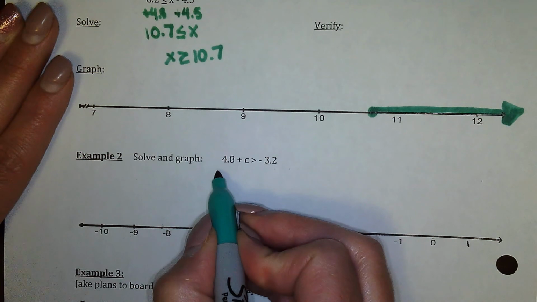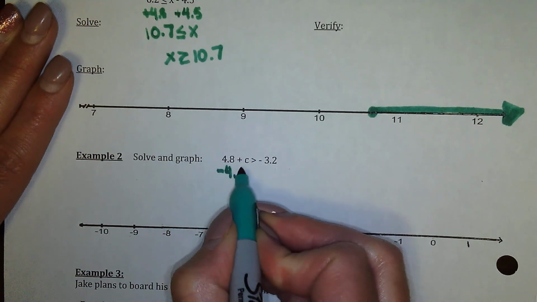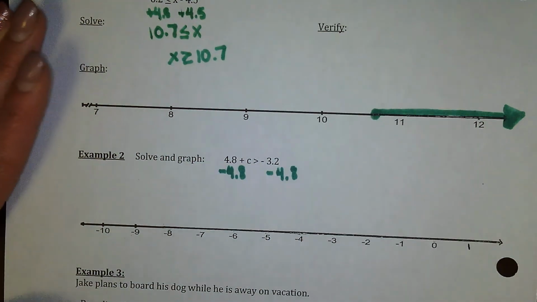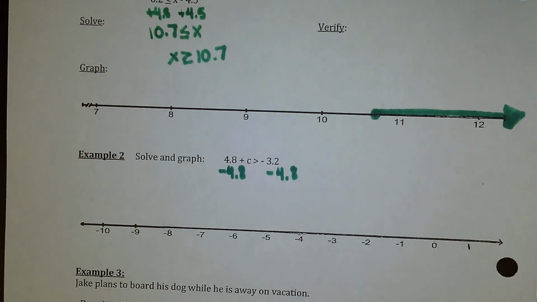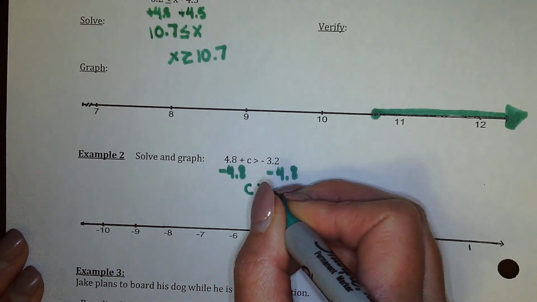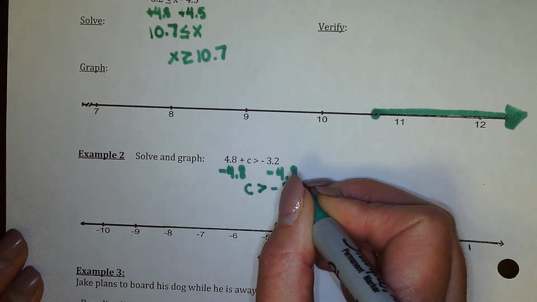But in this case, I might take away the 4.8, take away 4.8. A negative 3.2, take away 4.8, is going to give me a more negative number. So what I have there is -8. C is greater than -8.